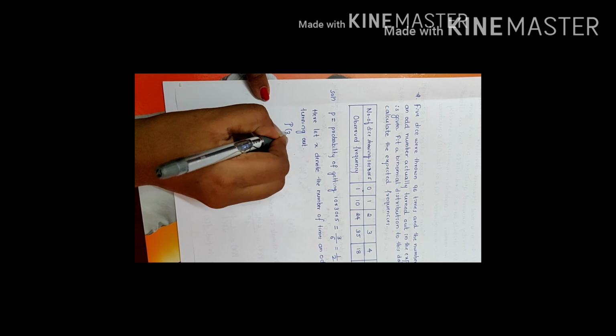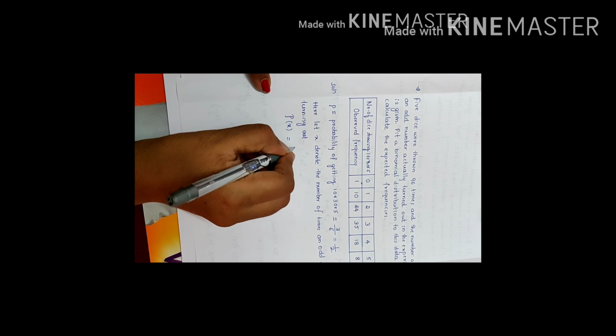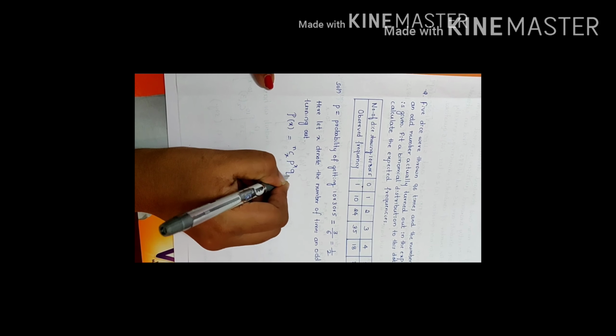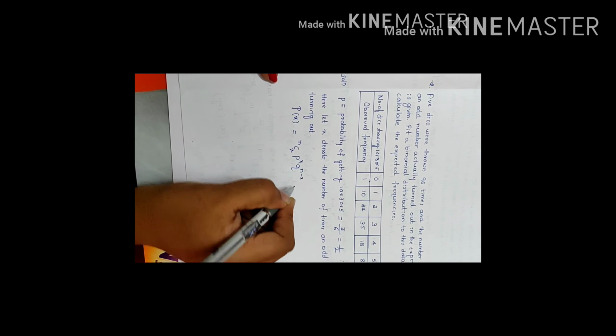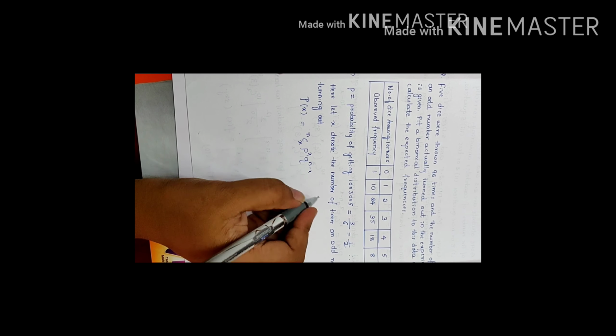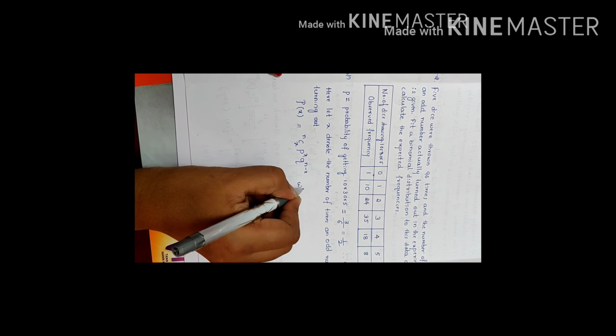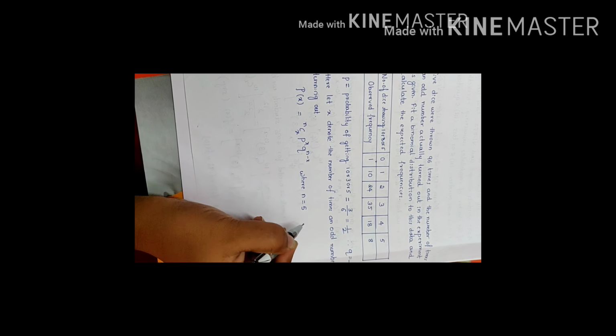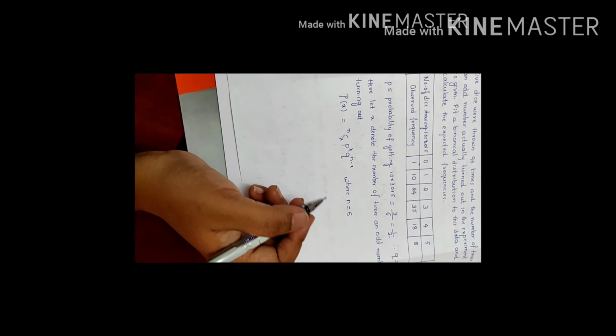So P of X will be nCx p raised to x q raised to n minus x, which is a binomial distribution. Here n is what? n is 5, because it is the number of dice.